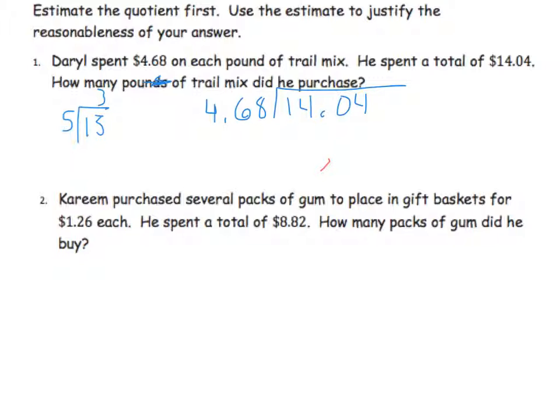So the first thing we're going to do is clear our decimal by multiplying both by 100. We're not actually showing we're multiplying by 100, we're just changing the decimal. Now I'm trying to figure out how much 468 goes into 1,404. So here's my new decimal point.